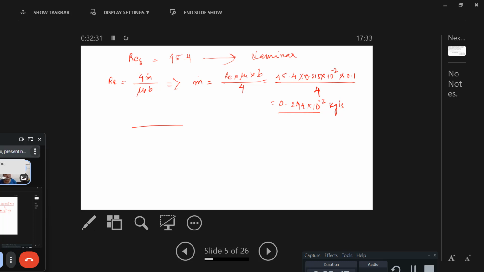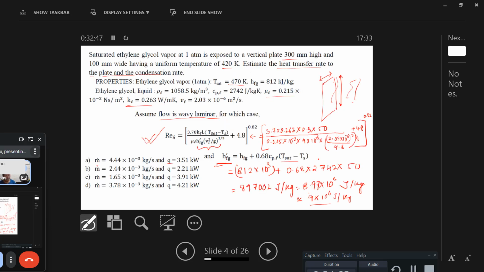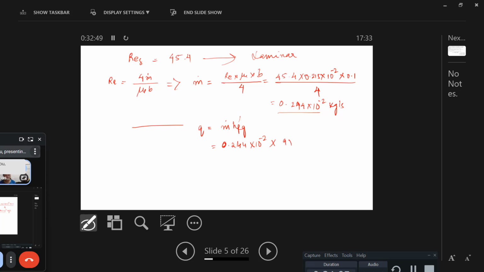Next you have to find out the heat rate, Q, given by m dot into hfg prime. M dot is 0.244 into 10 to the power minus 2, into hfg prime, 9 into 10 to the power 6. So it will be 2.19.